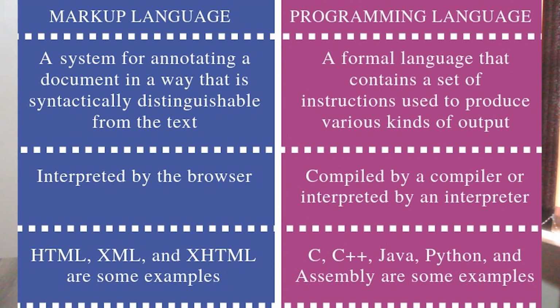On the other hand, when you're talking about a programming language, we're talking about a set of instructions that must be compiled by some sort of a compiler for it to be executed. So programming languages are mostly machine readable, though right now we have the high level ones because of the advance in technology. But markup languages are basically human readable because they can be easily translated or interpreted.